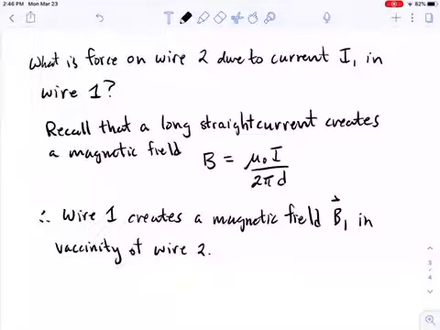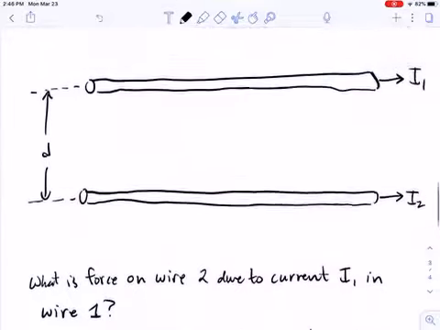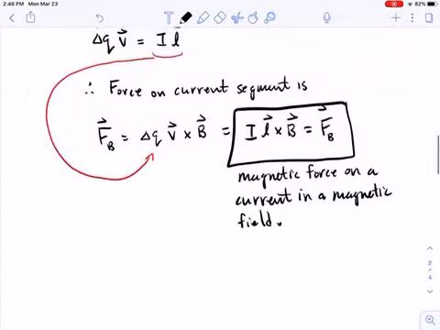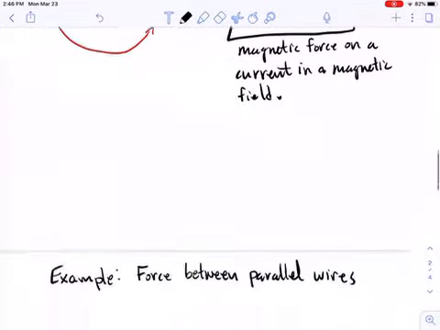So if we have a magnetic field B1 at wire 2, which has a current I2, then we should expect that there should be a force on that current carrying wire.